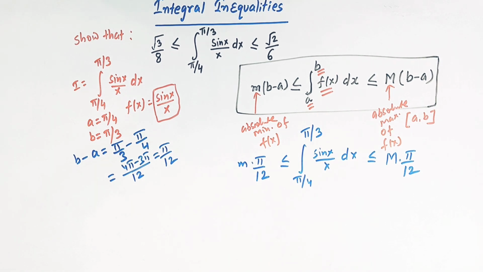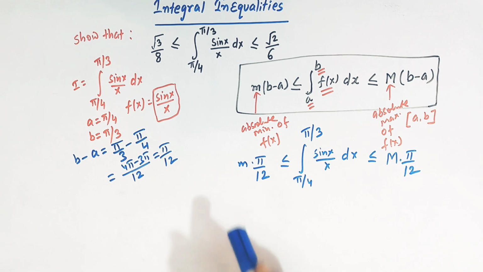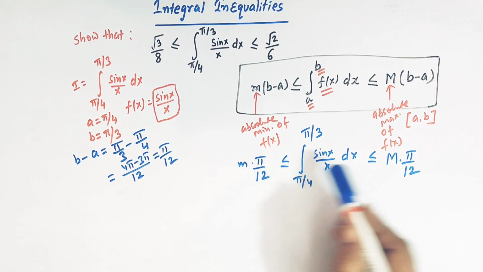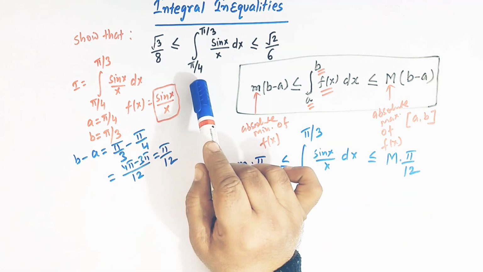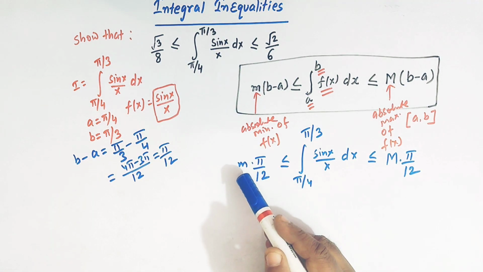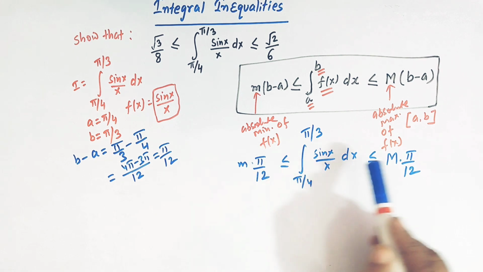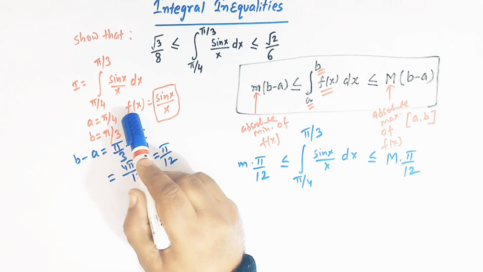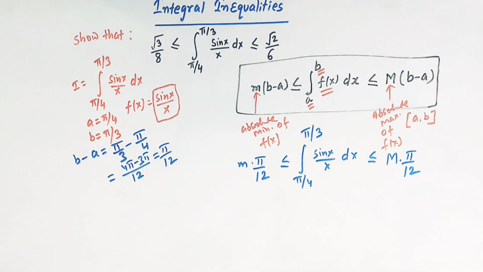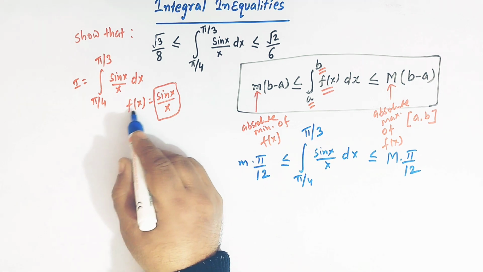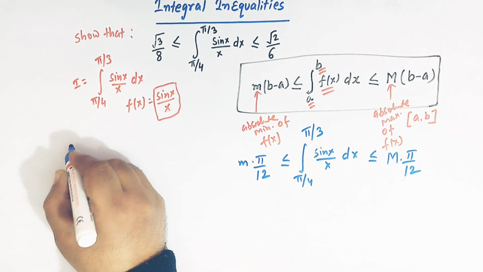Right? So once we find the value of small m and capital M, we can easily arrive at this inequality, right? So to get the value of small m and capital M, let us investigate this function f of x, that is sine x over x. So let us differentiate f of x with respect to x, right?